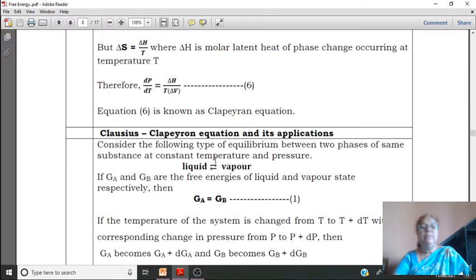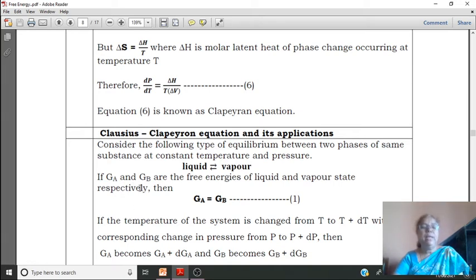Here, consider the following type of equilibrium between two phases of the same substance at constant temperature and pressure. This is the vaporization process. That means there is equilibrium between liquid and its vapor phase in the forward direction, and in the backward direction there is equilibrium between vapor and its liquid.